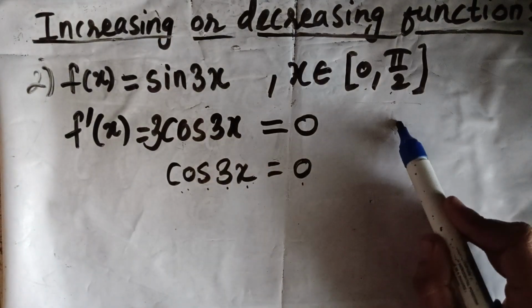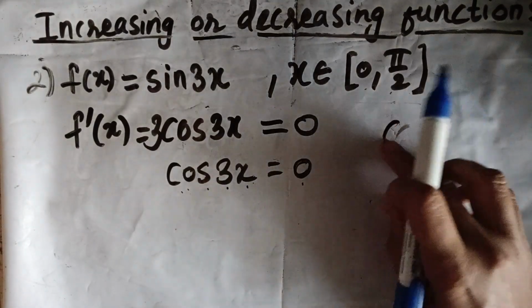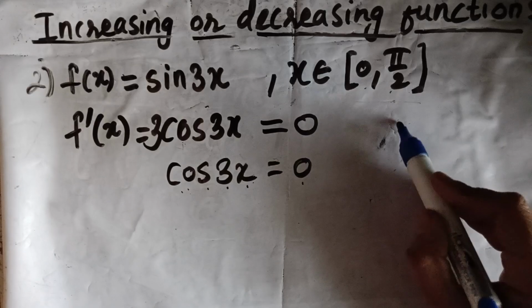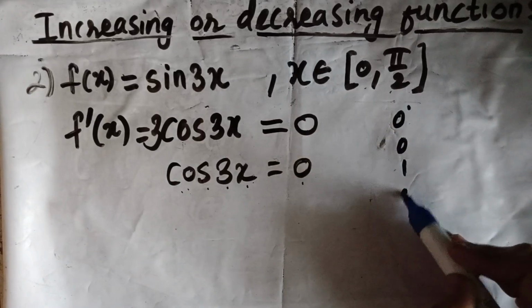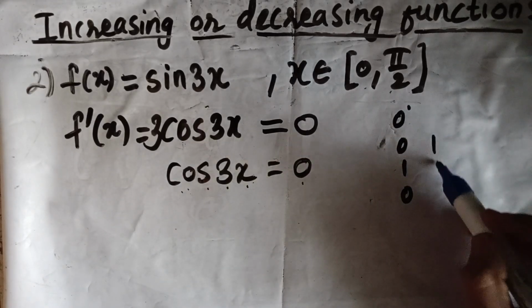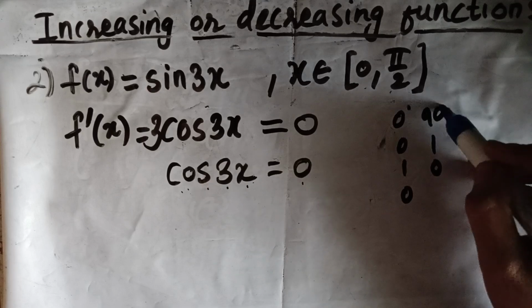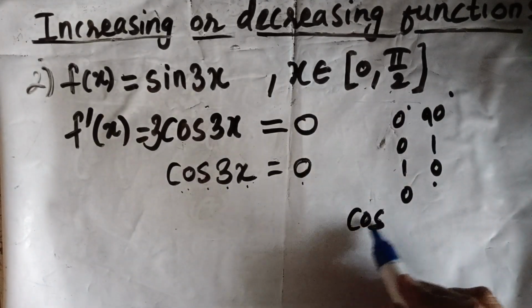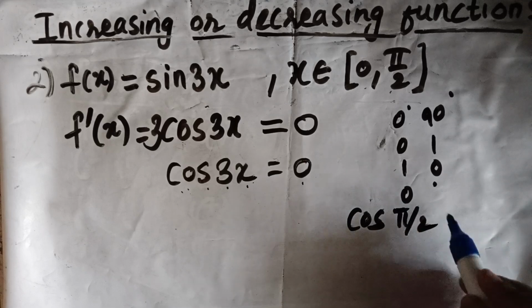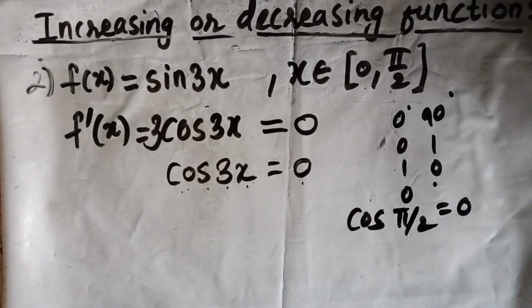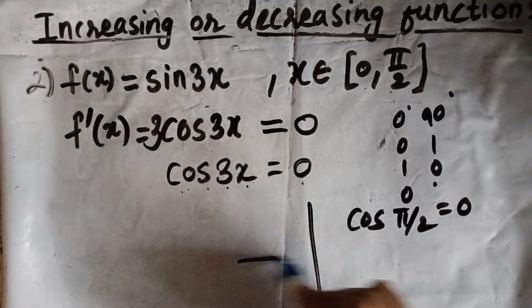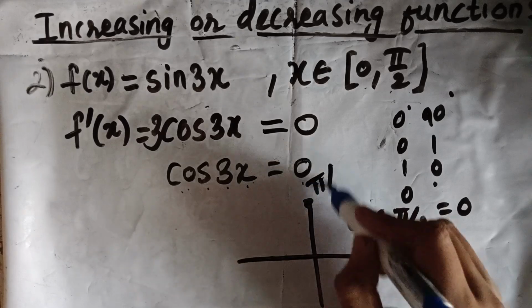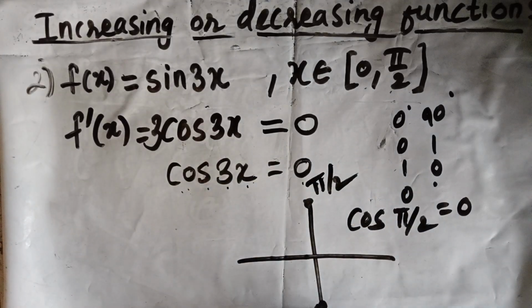So we have cos of 0 degree, it is 1. For pi by 2, cos of pi by 2 is 0. Again for 3 pi by 2, it is 0.